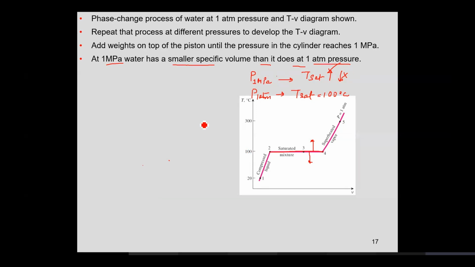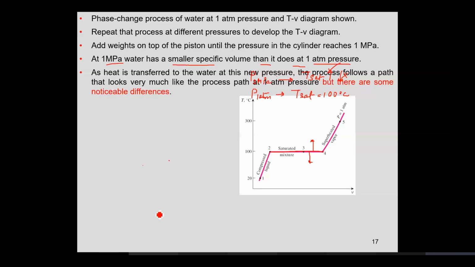Another thing is that as heat is transferred to water at this new pressure of 1 megapascal, the process that follows is very much like the process at 1 atmospheric pressure, but there are some noticeable differences in the process.